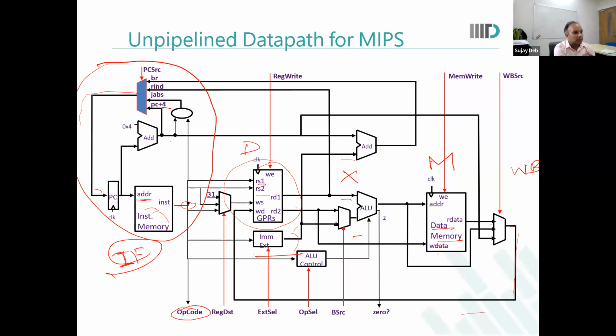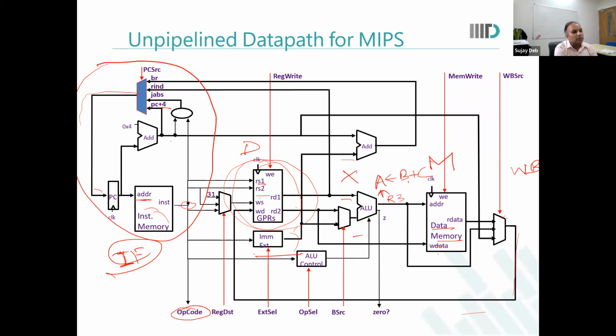So your register file is the same. The same register file you are accessing in the decode stage, you are updating in the write back stage. Similarly, let's say you did some operation like A equals B plus C. Now A is represented in register 3, right?